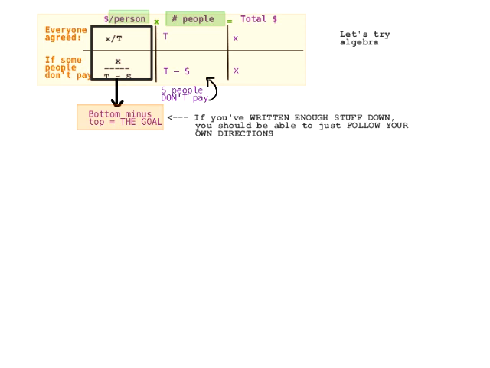Follow your own directions, because we don't want to have to use our brains. We don't have to. So we can just subtract that. It's the bottom thing minus the top thing. So x over t minus s, subtract x over t.